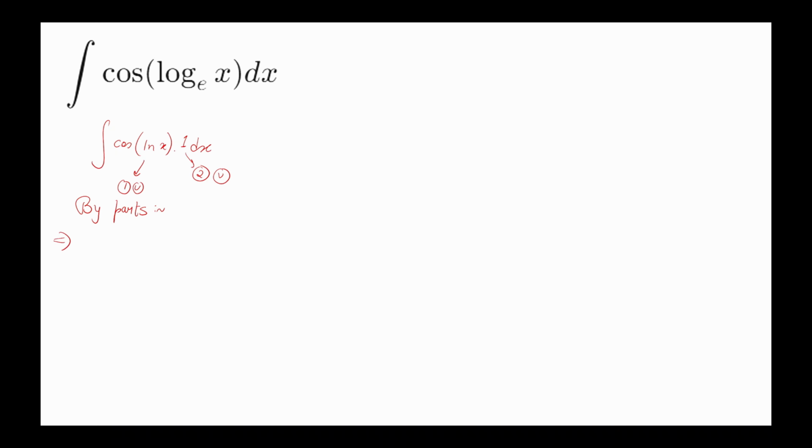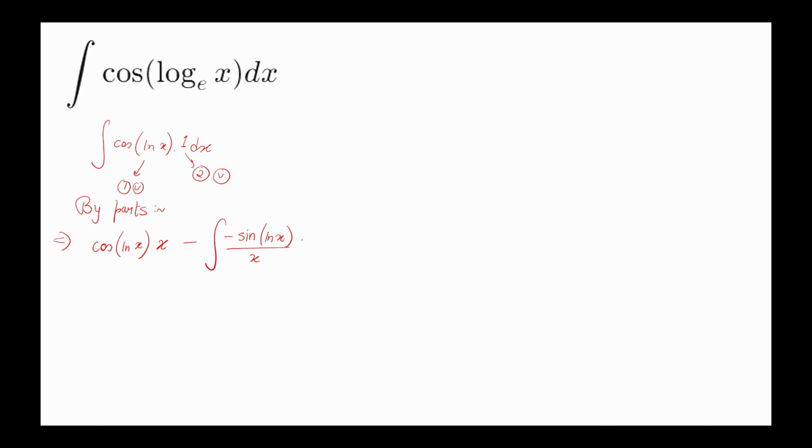how am I going to write this integration now? This would become u as it is. Then we would have integration of v, so integration of 1 dx would give us simply x, minus integration of the differentiation of u. What would be the differentiation of u? Minus sine of ln x, and then using chain rule, ln x would be differentiated as 1 by x, and here we would have integration of v dx.